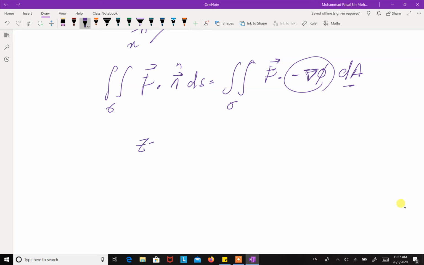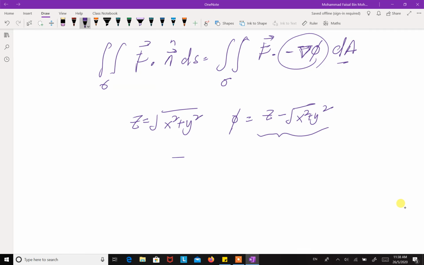So you have to find the main function. The main function is Z equals square root of X squared plus Y squared. So you can let phi equal Z minus the square root of X squared plus Y squared, bringing it to the left hand side. Like before, these are implicit functions, and then you have to find the gradient, which is phi x i plus phi y j plus phi z k.